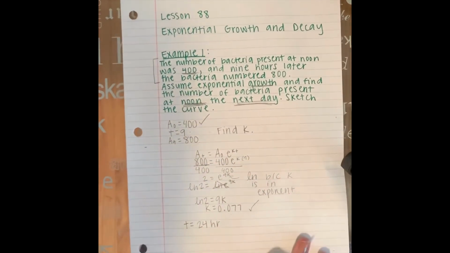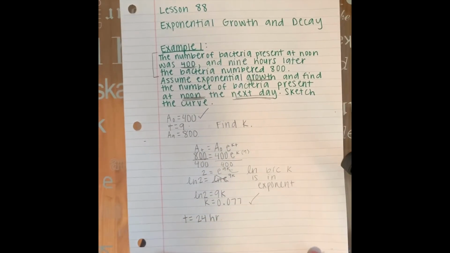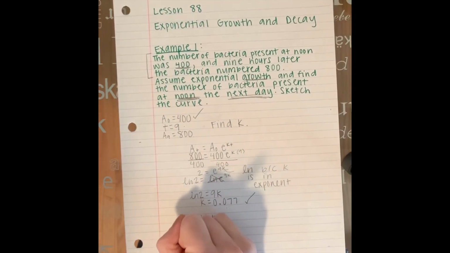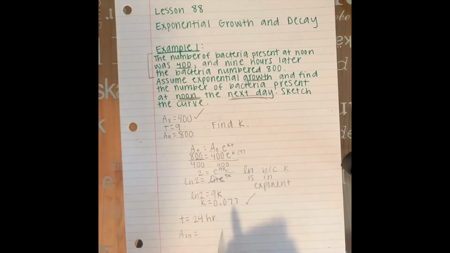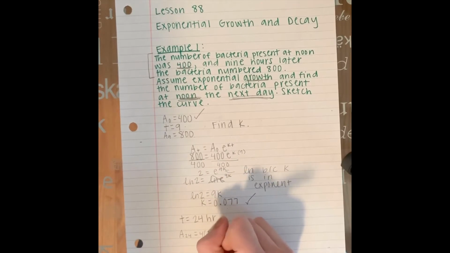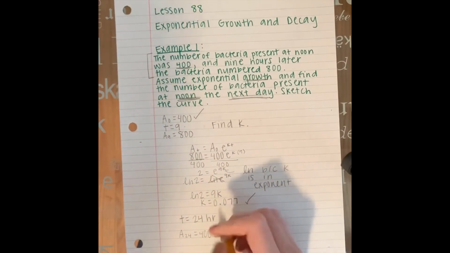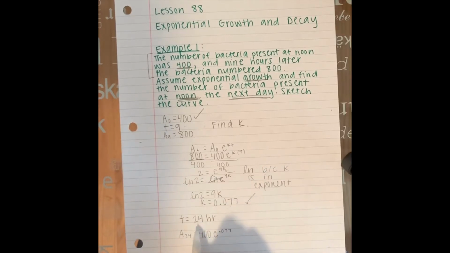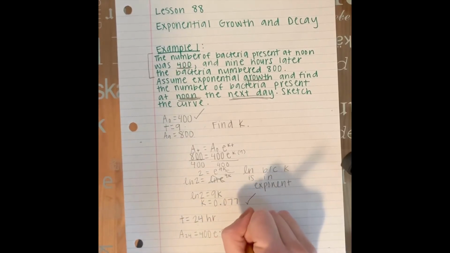So what I'm going to do is use all my information and plug in to figure out what A sub 24 would be. I use the same equation. A0 is 400, k is 0.077, and t is going to be 24 hours.